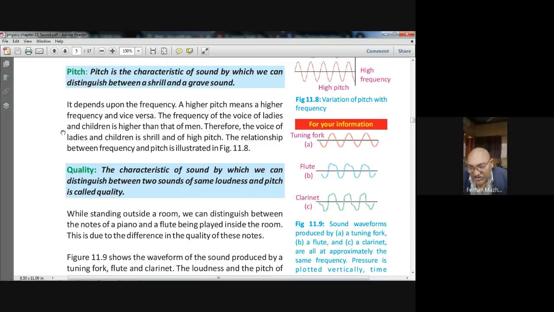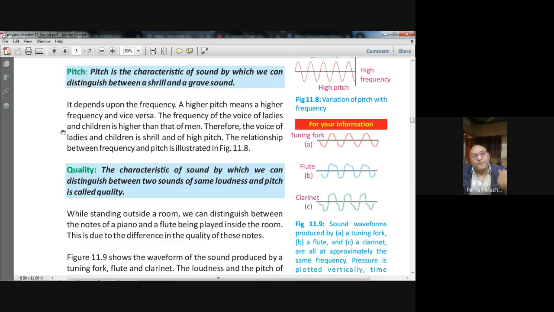So the sound can be shrill or it can be grave. Grave means less frequency, shrill means more frequency. This characteristic of the sound, by which we are able to distinguish between a grave sound and a shrill sound, is called pitch.